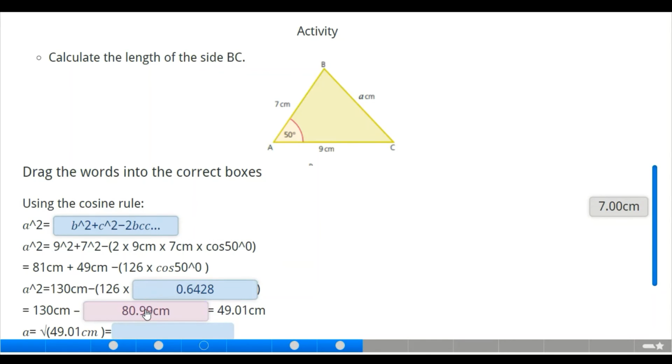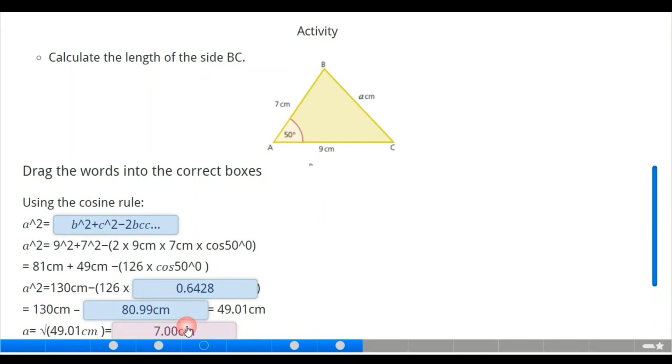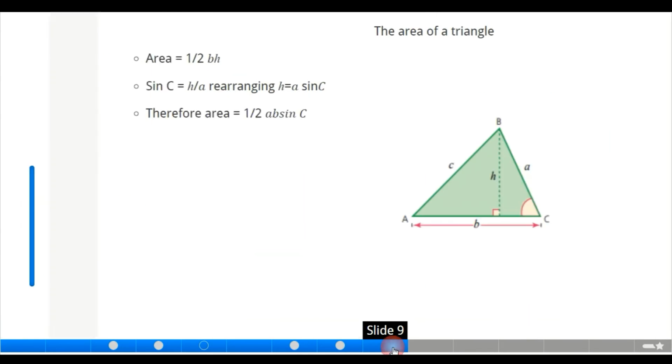So 130 minus 80.99 gives us 49. Now the square root of 49 is 7 centimeters, and that gives us the solution to that problem.